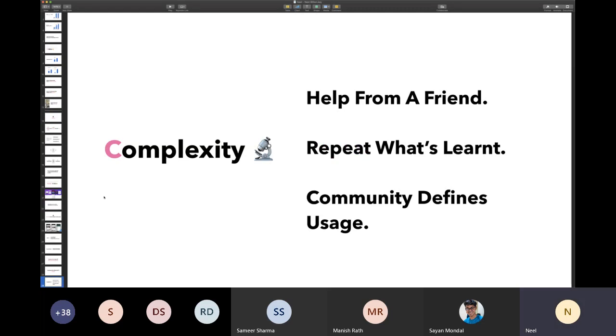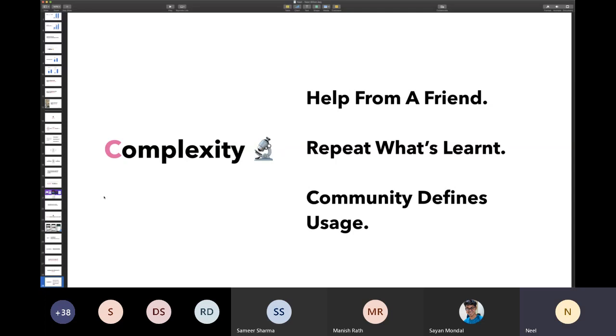So what should we do about complexity? A lot of people don't really know how to use these. I'm sure you would have experienced this yourself as well, that someone elder who has just bought a phone would have asked you how to post a picture on Facebook, how to send a voice message on WhatsApp, or upload a picture on WhatsApp, or form a group, and so on and so forth.